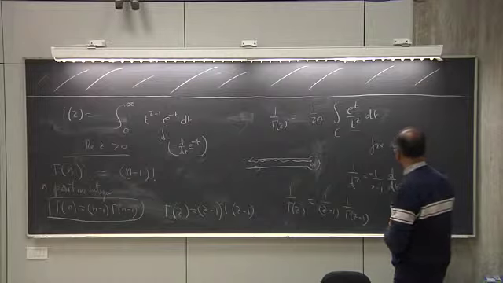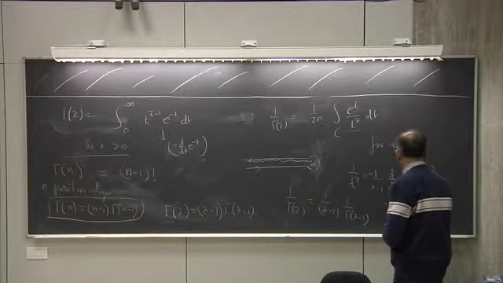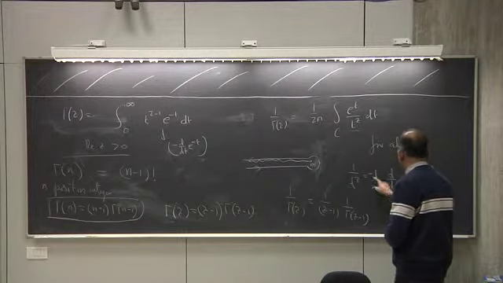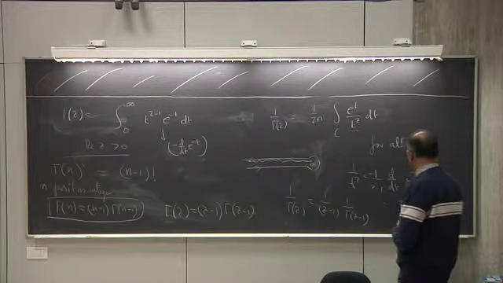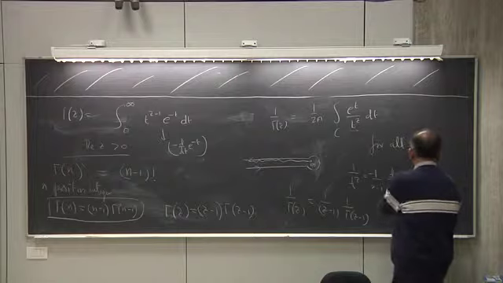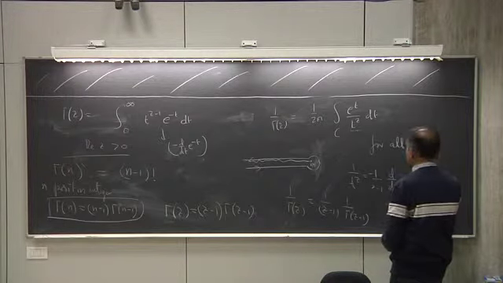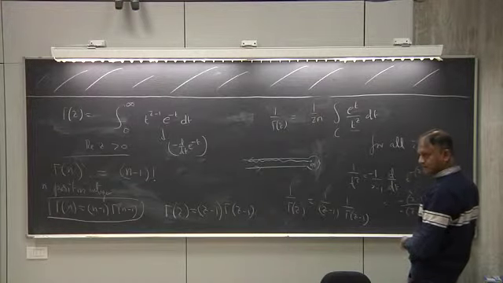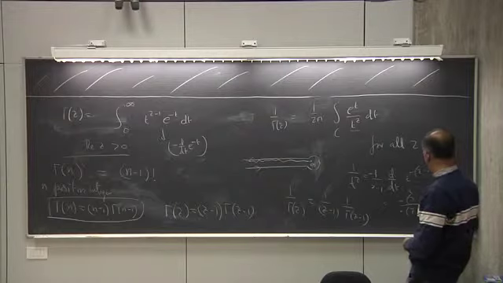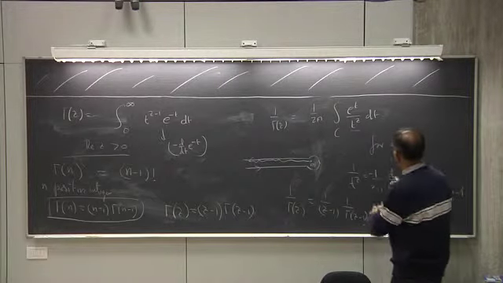So d by dt acting on that will give you minus z minus 1. There is already a minus z minus 1 here, so this kills, and then d by dt acting on that will decrease the power by 1. So it will give you t to the minus z minus 1 minus 1, and then this minus 1 cancels that. So this is true. Then you put that back here.